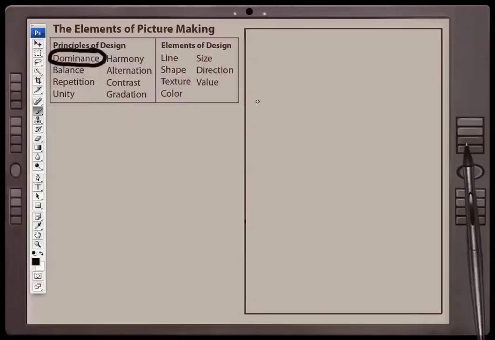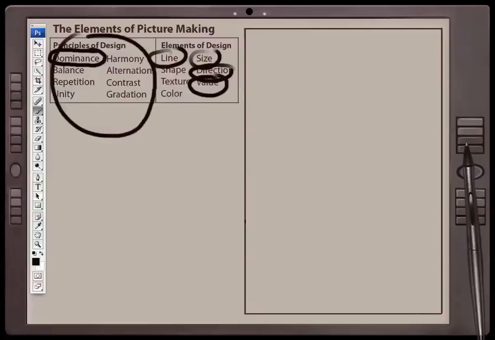If you apply line or size or direction or value to your pictures without thinking about these principles of design and applying them to the elements of design, you're going to wind up with a chaotic composition. There won't be any order, and therefore there won't be any work of art.